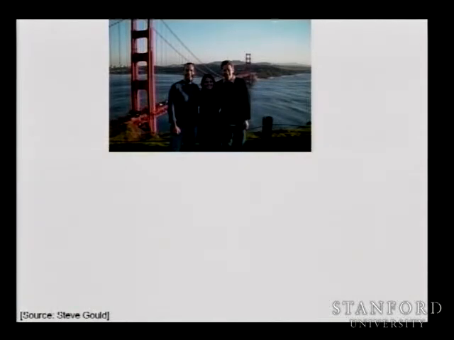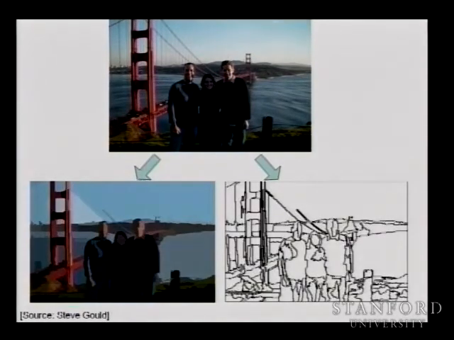Another interesting application of these sorts of clustering algorithms is image processing. This picture I got from Steve Gould, who's another PhD student. It turns out what you can do is if you give this sort of data, say an image, to certain unsupervised learning algorithms, they will then learn to group pixels together and say, gee, this set of pixels seem to belong together and that set of pixels seem to belong together.